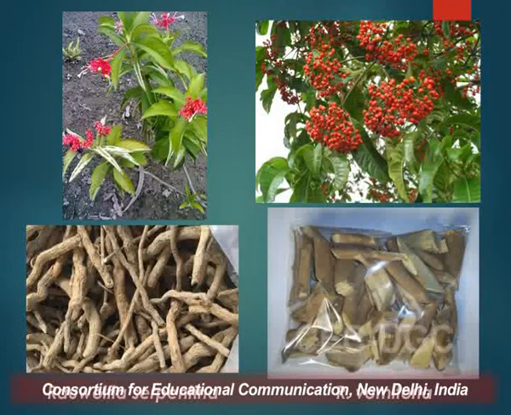Next in the slide, you can see the picture of two different root drugs. One is Rauwolfia serpentina and second is Rauwolfia vomitoria. Now, Rauwolfia serpentina is known as Indian Rauwolfia, and vomitoria is known as the African Rauwolfia.